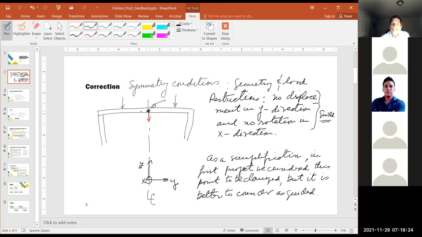In that case, the rotation and probably the translation in the X direction will not be zero. So this is exactly as I said before. You have both conditions of symmetry, geometry and the load. In that case, yes, this point cannot move in the Y direction and cannot rotate in the X direction.